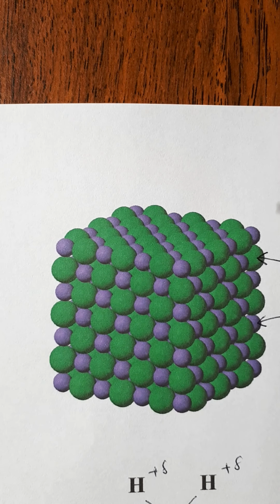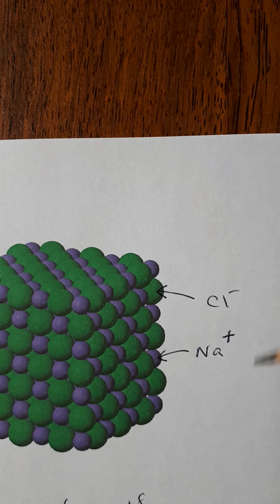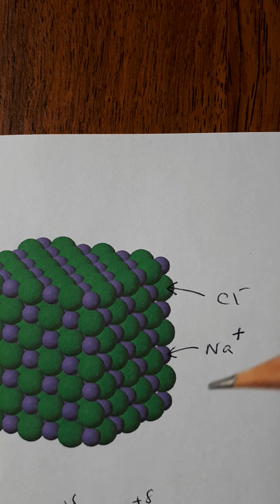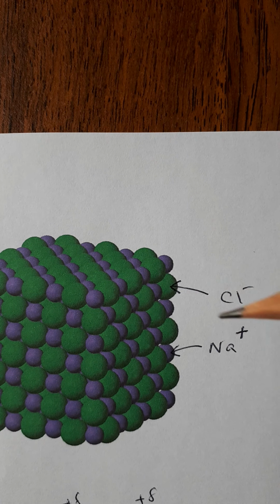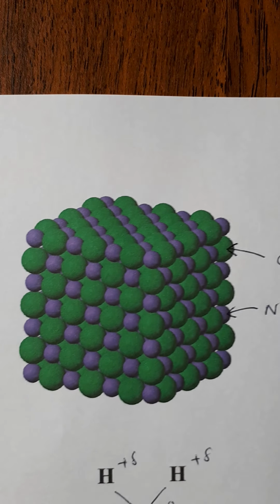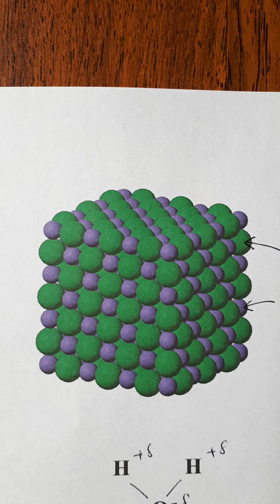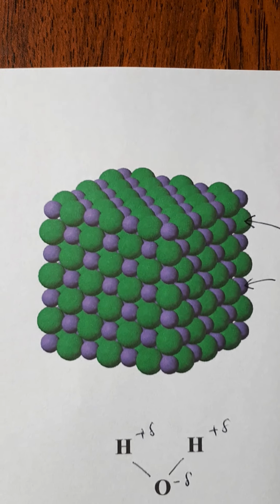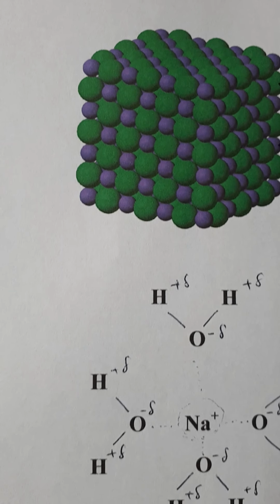This is my solid sodium chloride, sodium ions in purple color and chloride ions in green color. They are nicely packed like this. One atom cannot move from one place to another. But if you dissolve sodium chloride or table salt in water, this is what will happen.